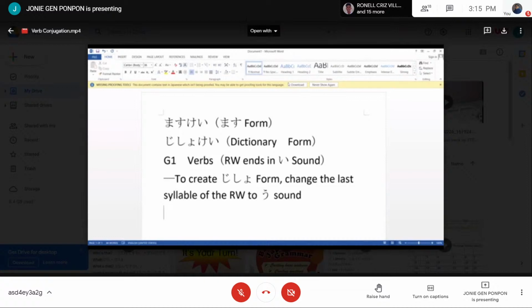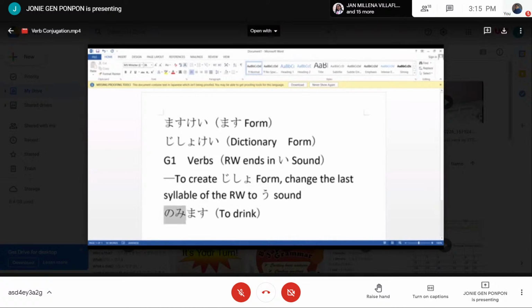Now, let's have an example so we can see how to really create the Jisho-kei. For group 1 verbs, let's say nomimasu, meaning to drink, is a group 1 verb.